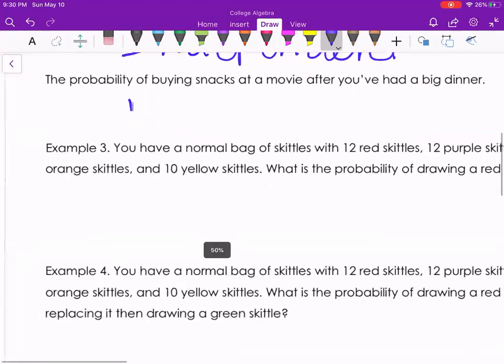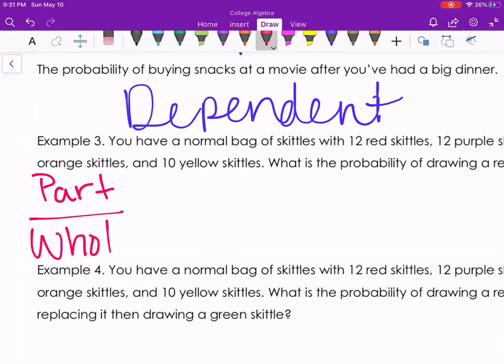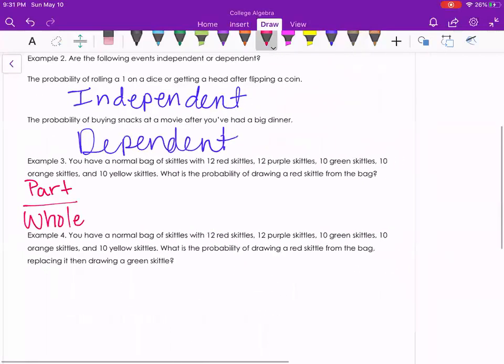Now, when we deal with writing out your probabilities, you need a part. What is the specific part that we're looking at over the whole entire outcome, all of your outcomes, or all the different possibilities, or sometimes part out of the total. So we're going to use this part over whole and see what we're looking at for this specific situation.